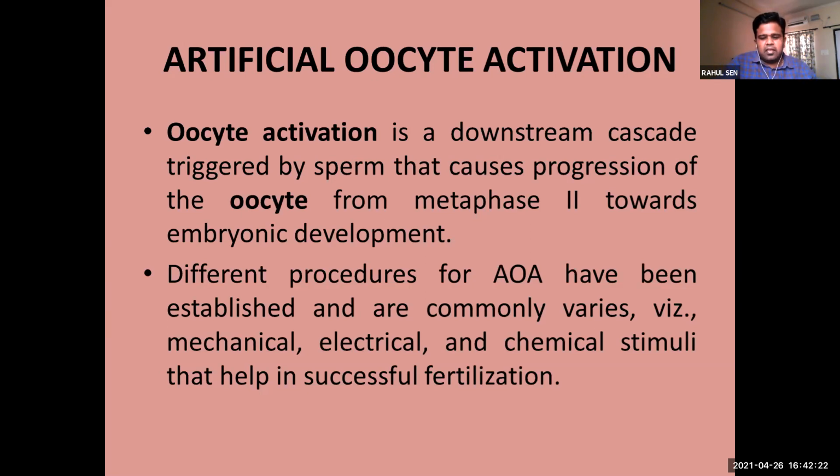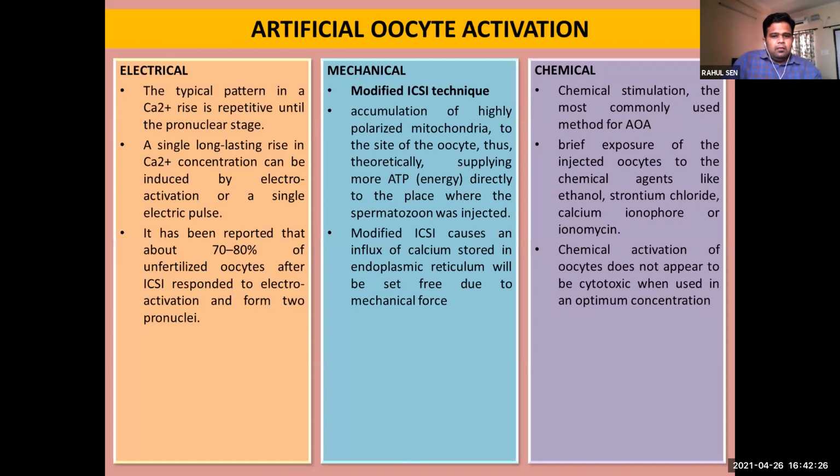Artificial oocyte activation can also be done electrically. In this form, the typical pattern of calcium rise is induced by electroactivation or a single electric pulse. It has been reported that around 70 to 80% of unfertilized oocytes responded to electroactivation.